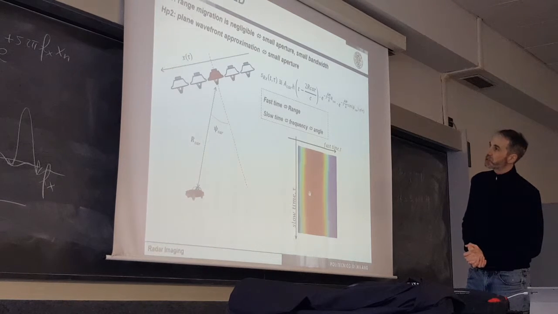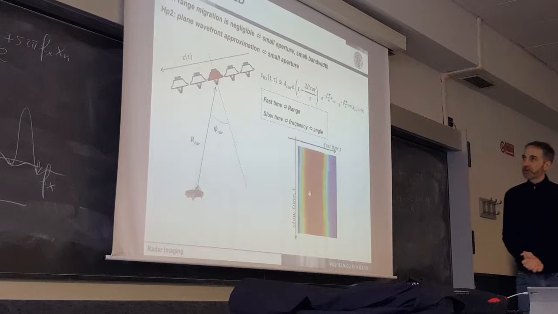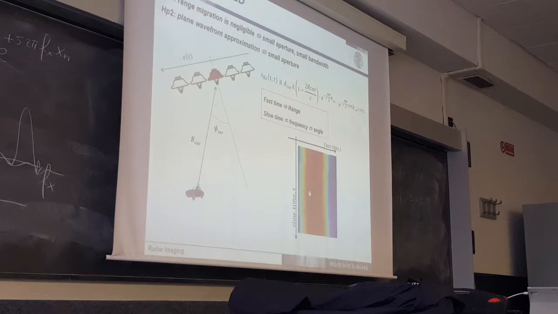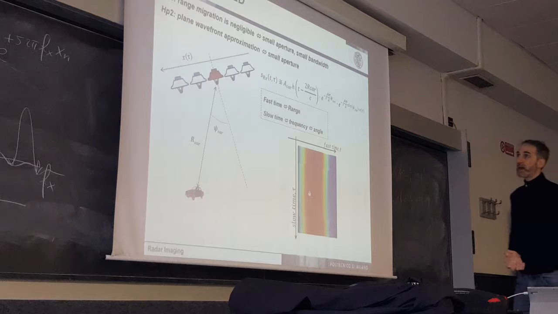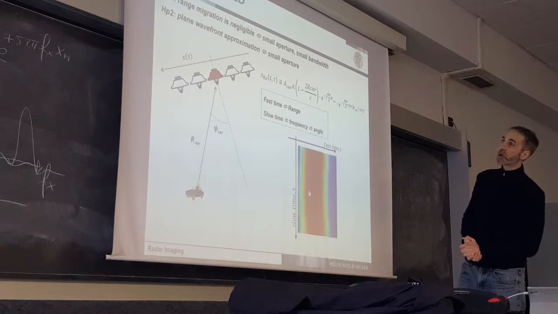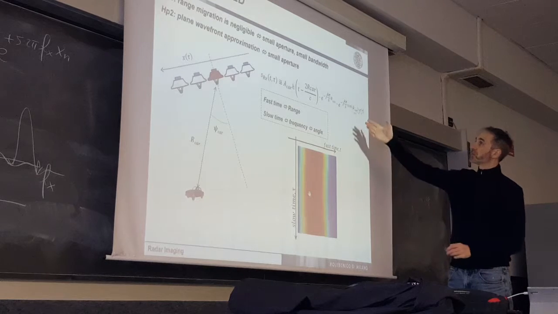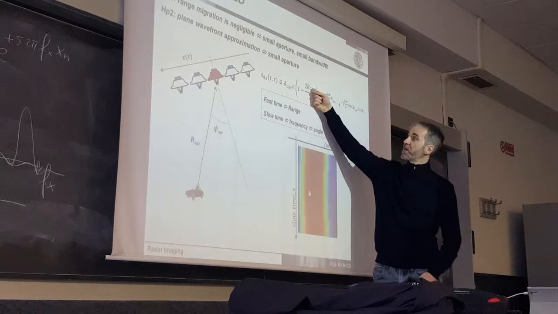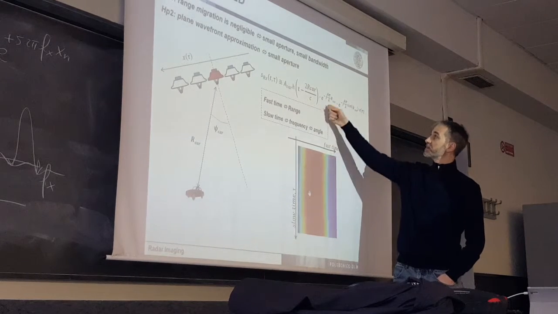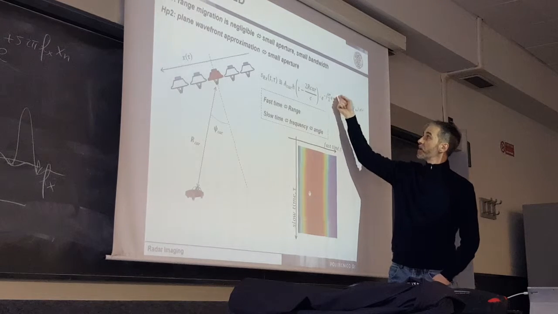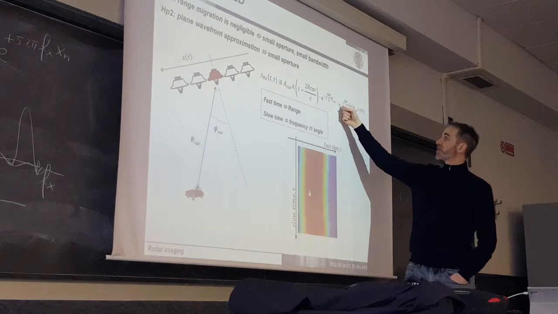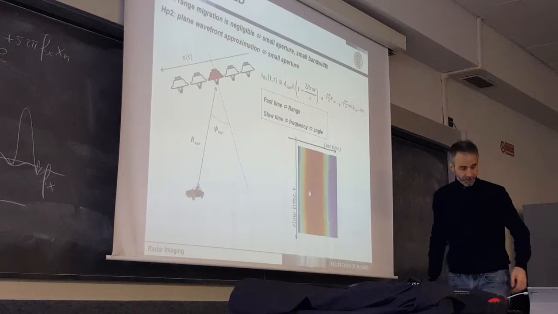This is the mathematical expression of our signal, assuming that range migration is negligible, which again means small aperture and small bandwidth, and under the plane waveform approximation, which means small aperture. So, you see the same delay for all the signals, and then this is the constant phase term, and this is the varying phase term.